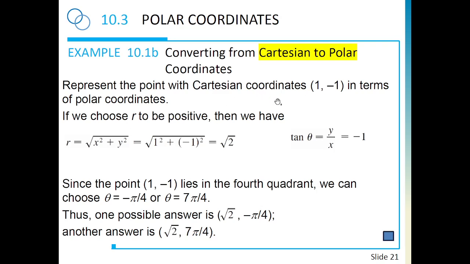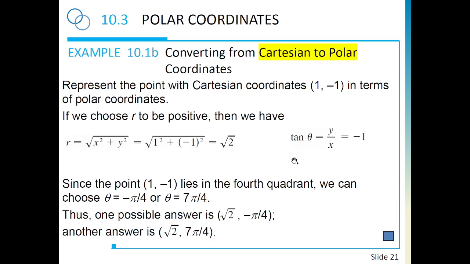So again, the formula was r squared is equal x squared plus y squared. So 1 plus 1 is 2. And then I take the root. Again, I have option to take positive root, which is a smart option, or negative root. I always take positive because it simplifies my life, because then I just need to follow the angle. I need to be in the fourth quadrant, so I will make sure that when I compute the tan inverse, I will pick the angle that brings me to the fourth quadrant.